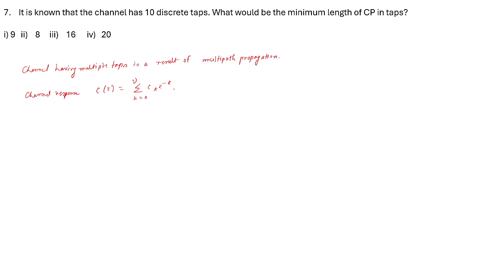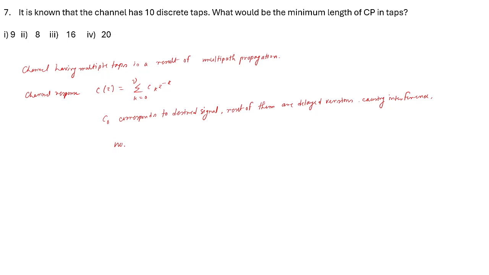The 0th component, C0, corresponds to the memoryless part, which is the desired signal, and the rest of the elements are delayed versions causing interference.